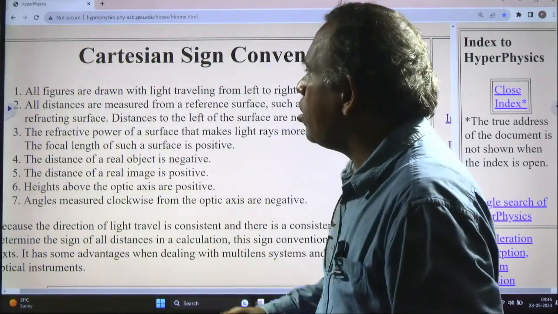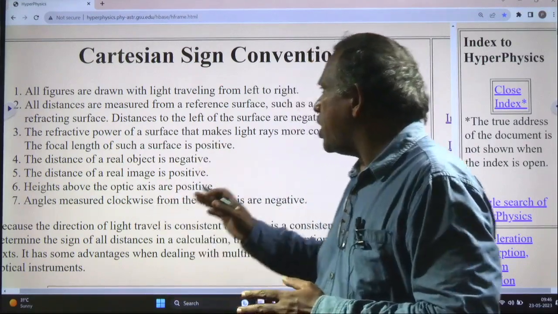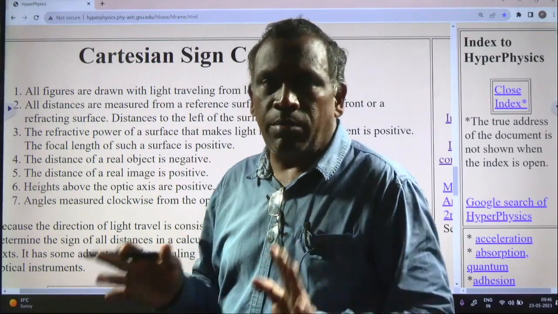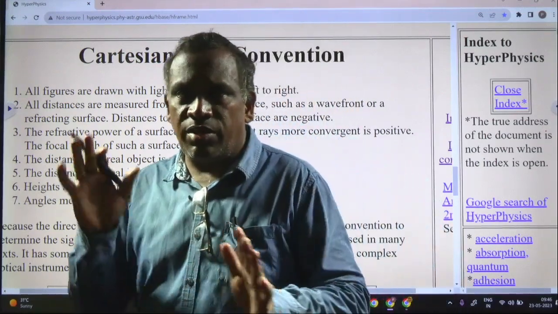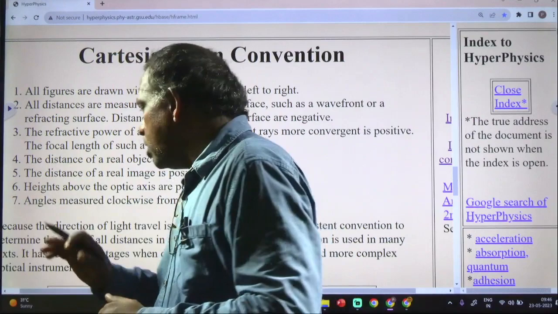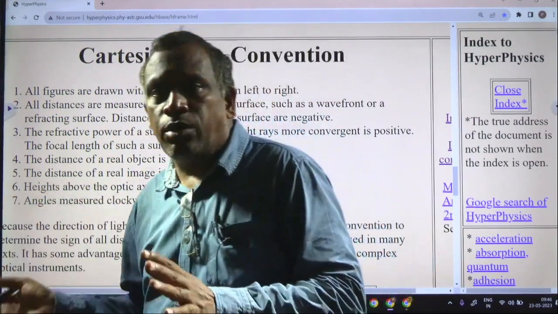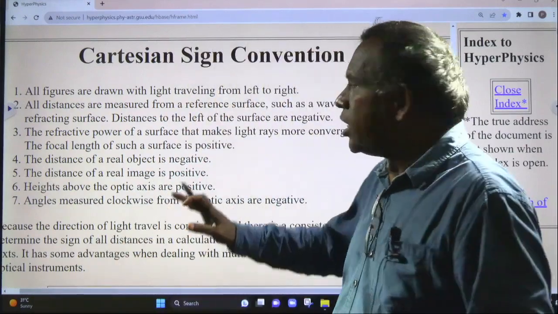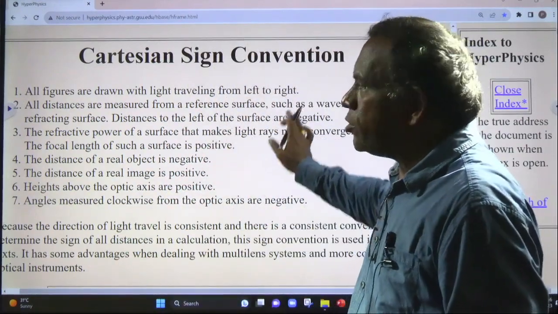The first point: all figures are drawn with the light traveling from left to right. It is better to follow one method, because you may get confused if you draw from right to left, so always draw from left to right.